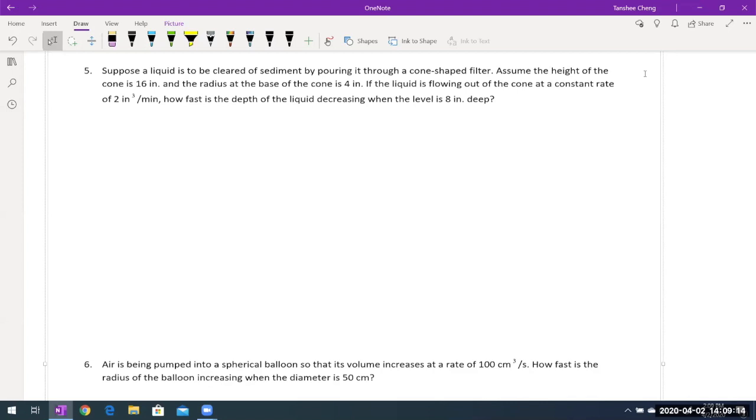So in this case, here is a cone that I have. And we know that the height of the cone is 16 inches.